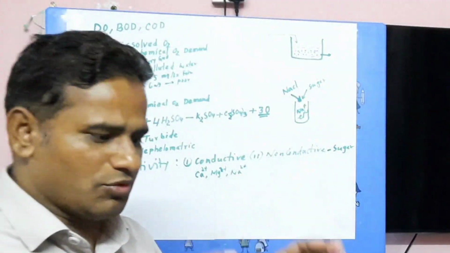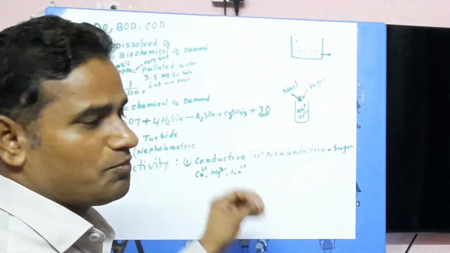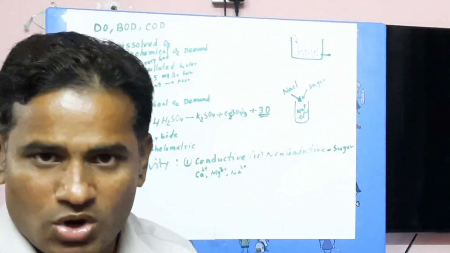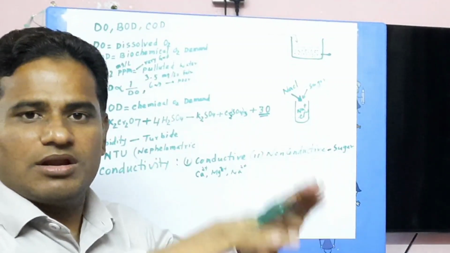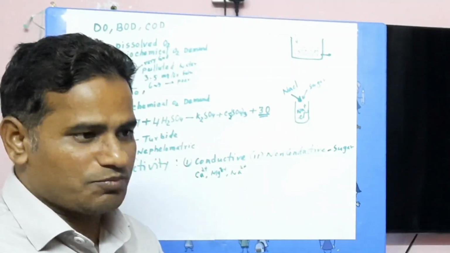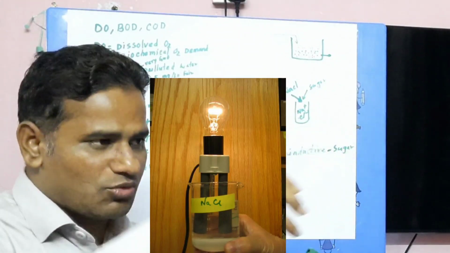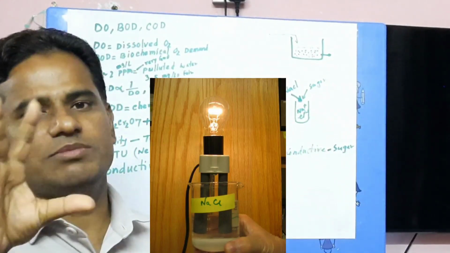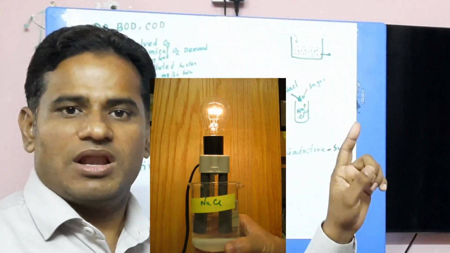But if you put demineralized water in 1 glass and put 1 cup of salt, that time positive and negative ions and electrons are available, and if you connect two wires with 1 bulb, this bulb will light because electrons are available.